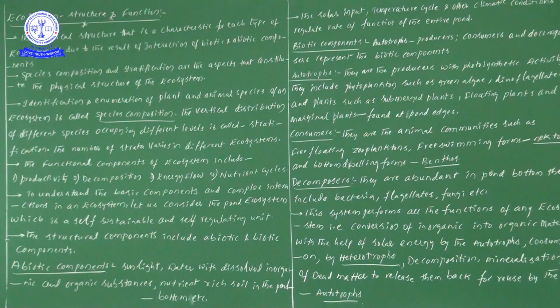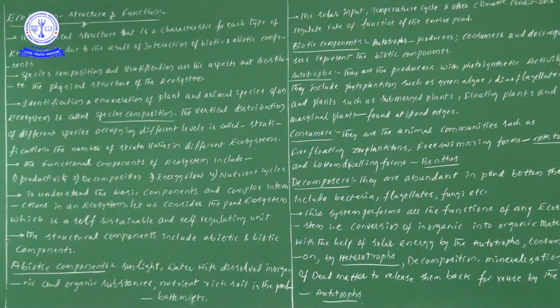Next, abiotic components. In this case, the abiotic components are sunlight, water, and within the water dissolved inorganic and organic substances. Along with these, there is nutrient-rich soil at the pond bottom.